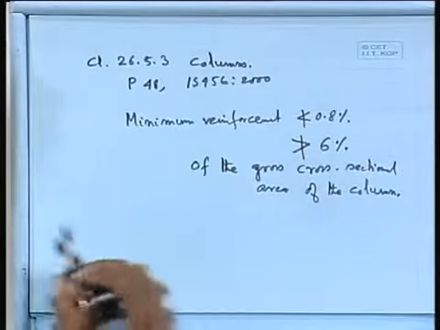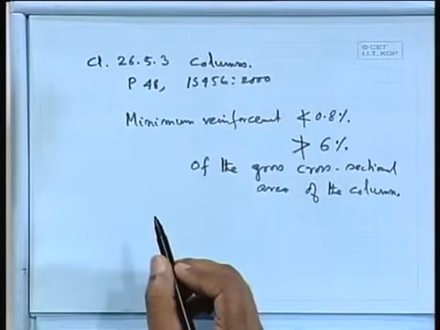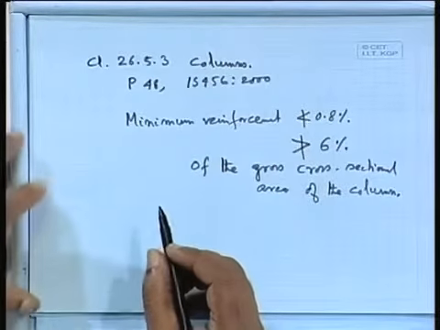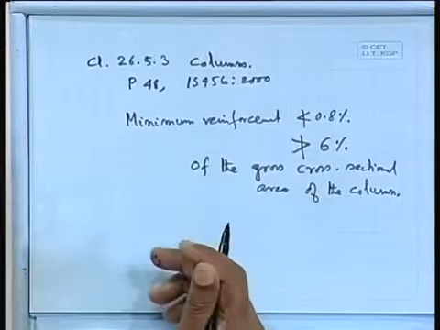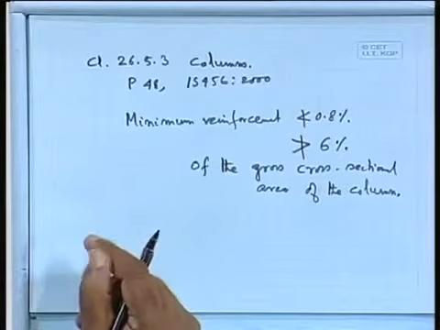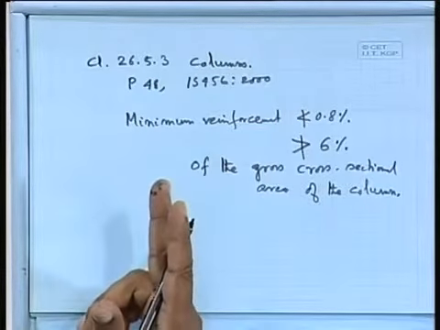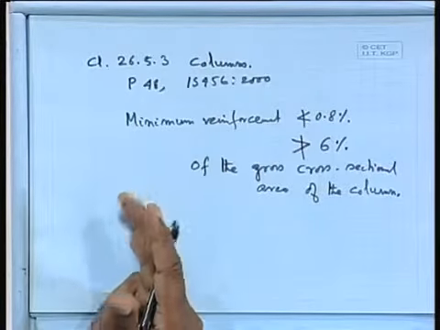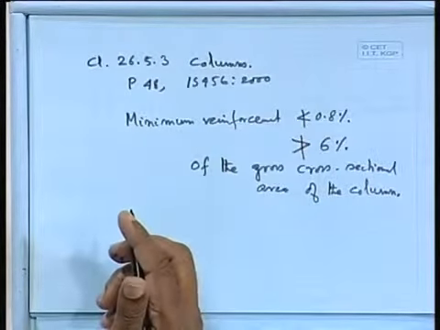So at least we should provide 6 number of 12 bars here, because the next higher is 16 dia bar, but if you provide 4-16 dia bar, which is coming as 1.28%.